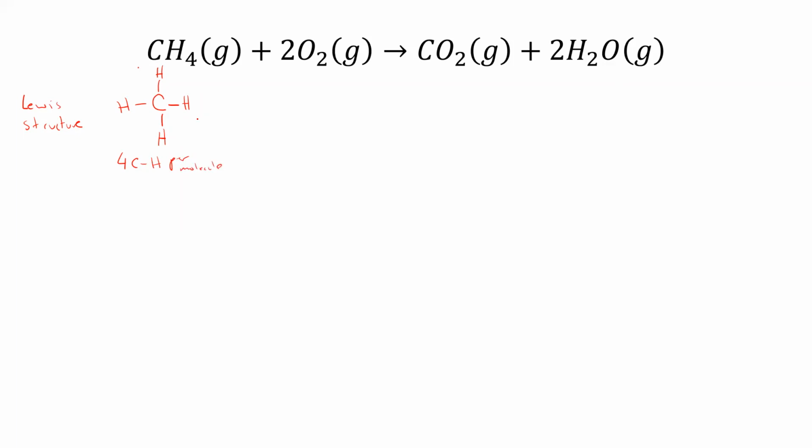Or you could say there are 4 CH bonds per molecule. There will be 4 moles of CH per mole of that molecule. So that's important for us to know too.